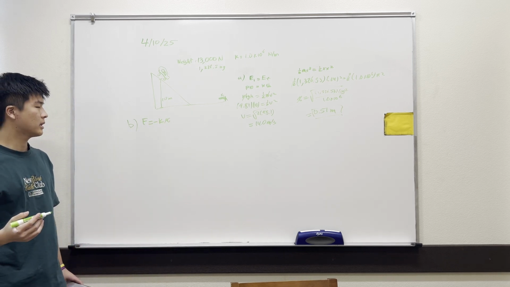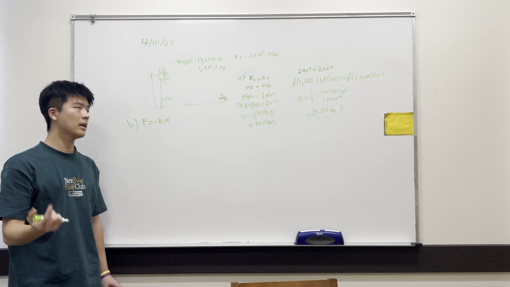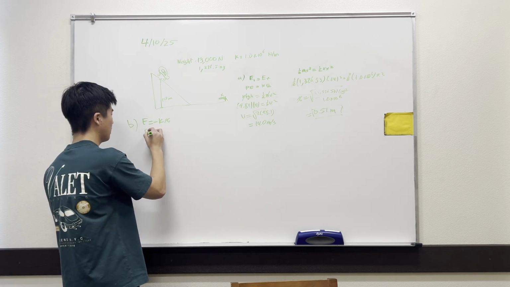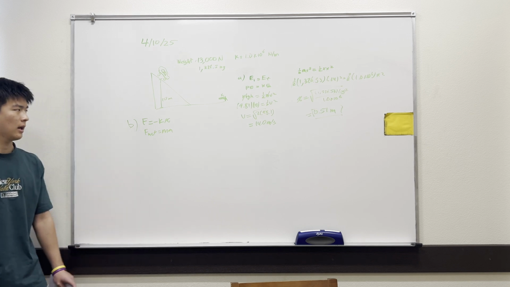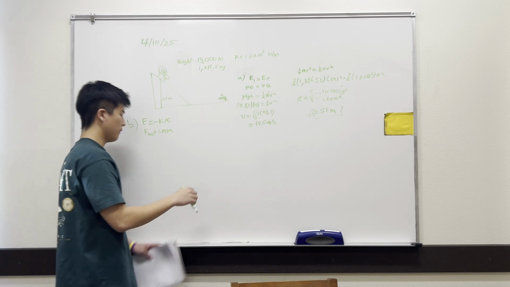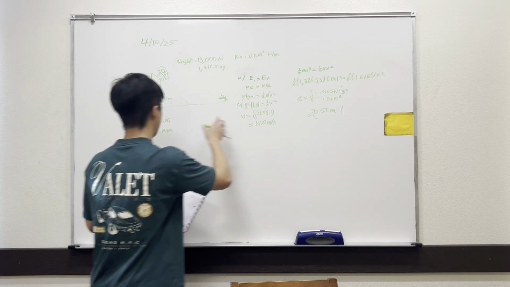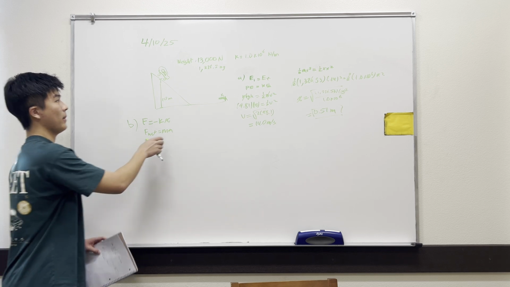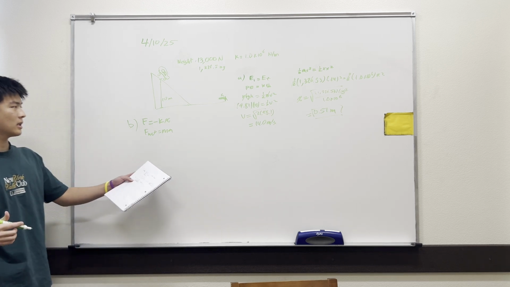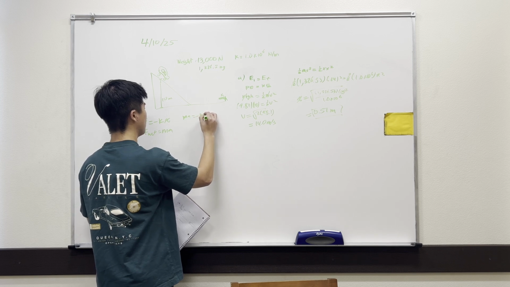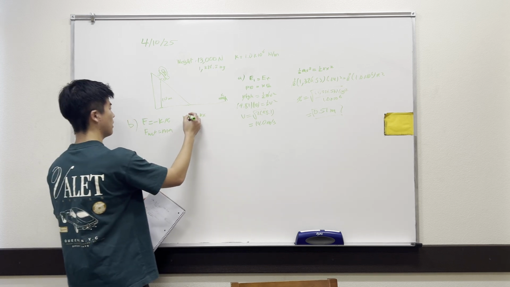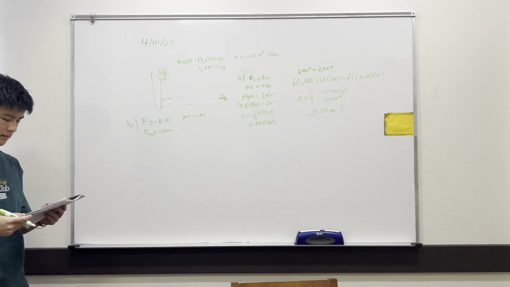When we have this, we think to ourselves, okay, F net equals ma, and the force equals negative kx. We have our x, we have our k, we have our mass. We can set them equal to each other, where ma equals negative kx, and find the acceleration.